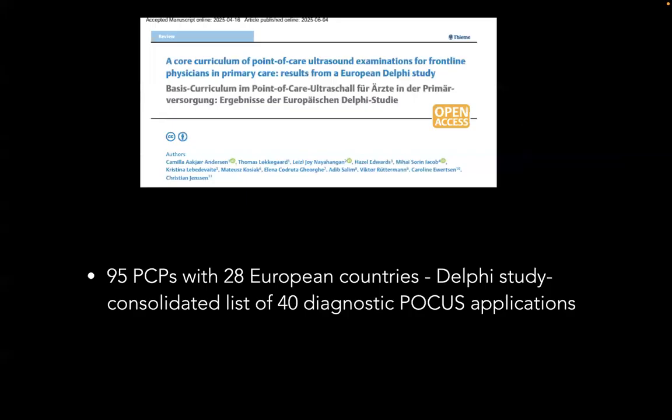In 2025, there was also another European Delphi study talking about a core curriculum in POCUS examinations for frontline physicians in primary care.